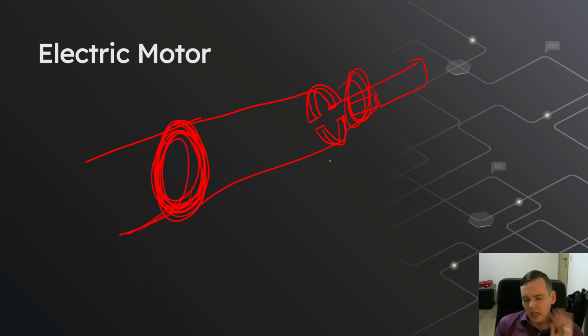This is getting a bit into the technical physics, but the idea is you can create a spinning motion by constantly switching back and forth between which direction the electric current is running, and that will switch the magnetic field constantly, which will cause a magnet to spin.